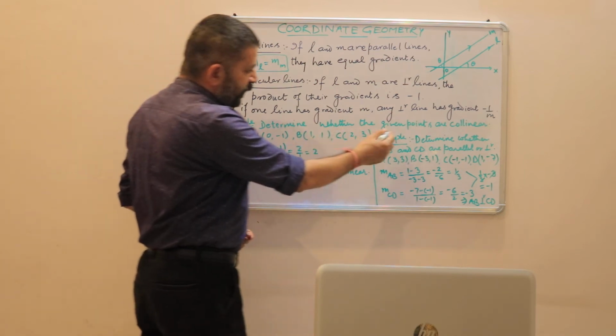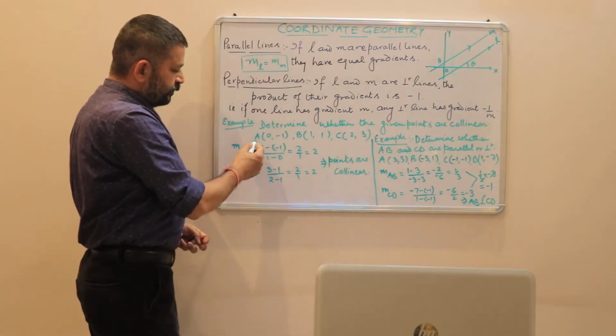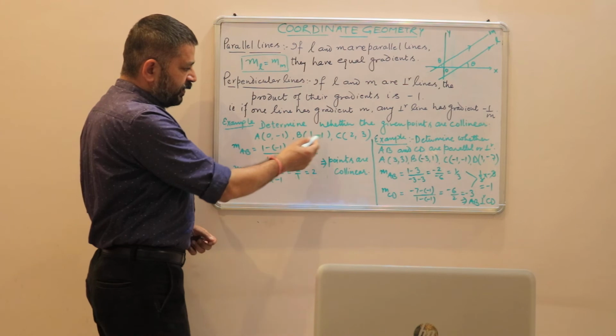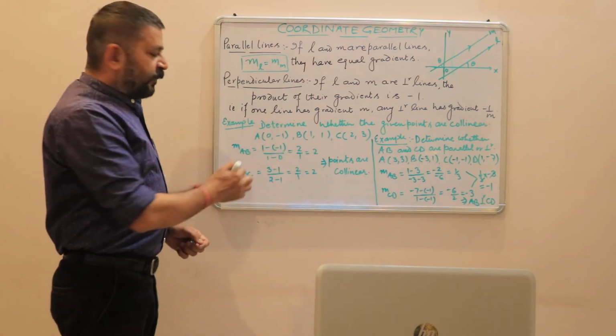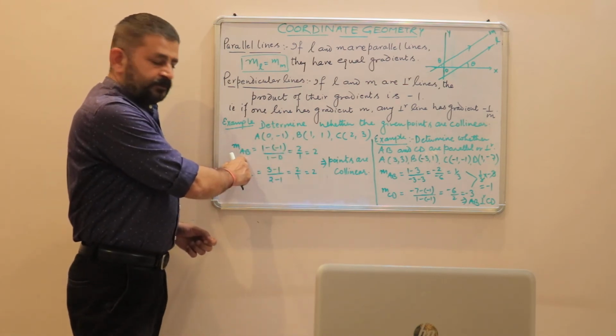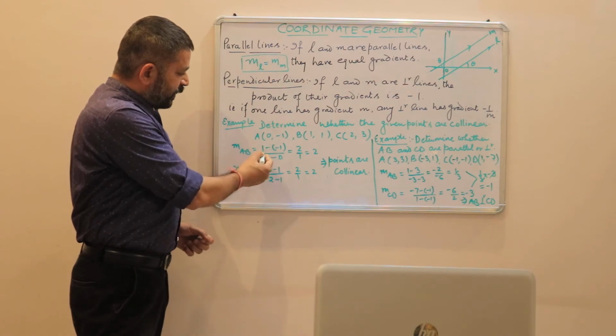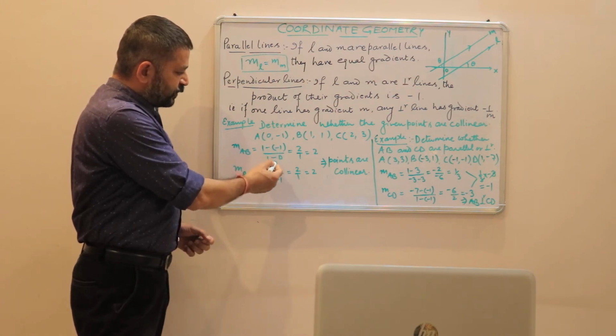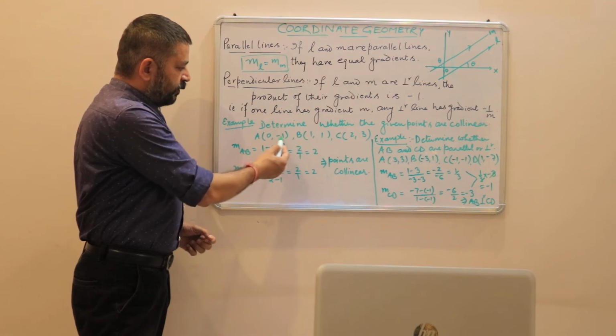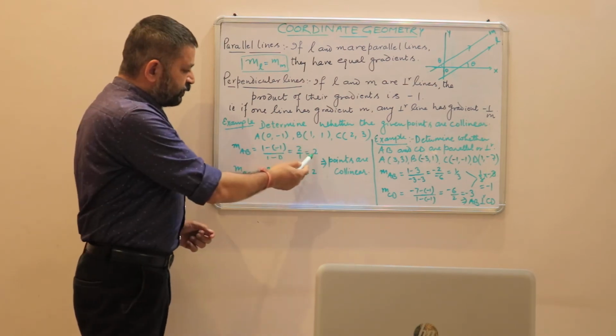Determine whether the given points are collinear. Points A, B and C are given. So we'll find gradient of AB. Gradient of AB is (y2 minus y1) upon (x2 minus x1), that is 1 minus minus 1 upon 1 minus 0. It will become 2.